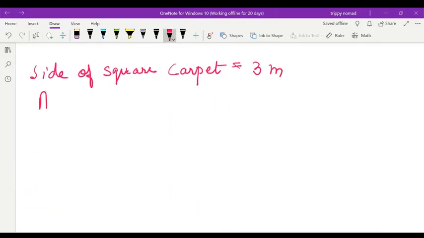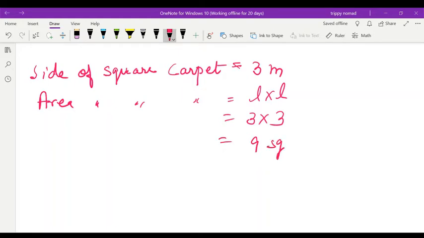Then area of a square carpet, that is length into length, 3 into 3, 9 square meter.